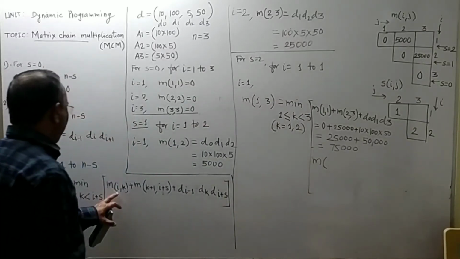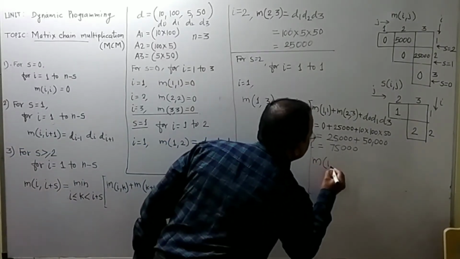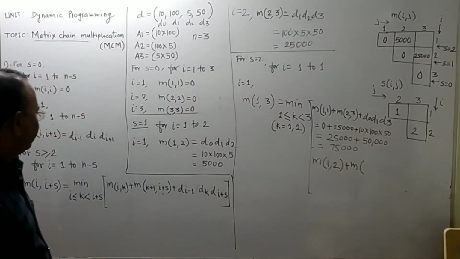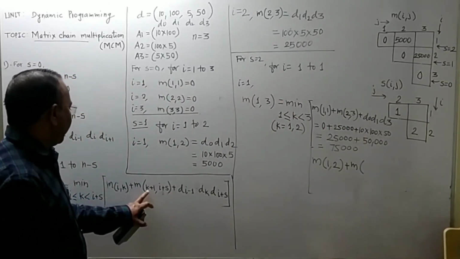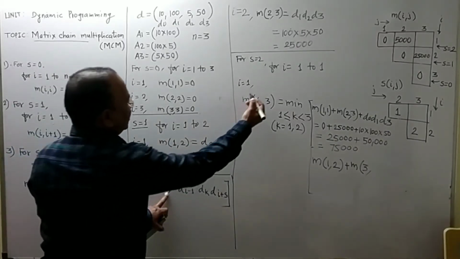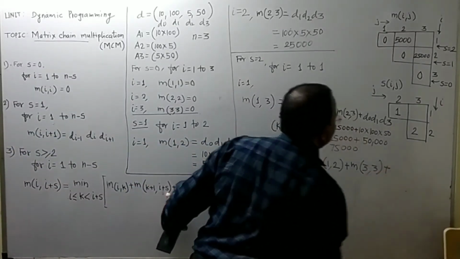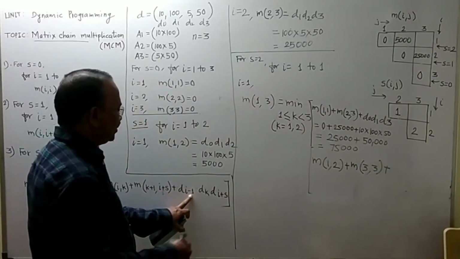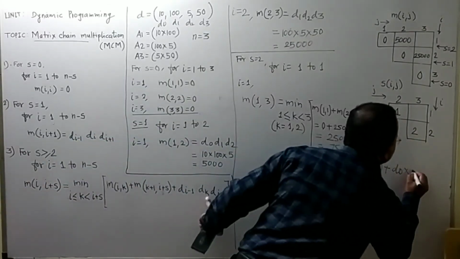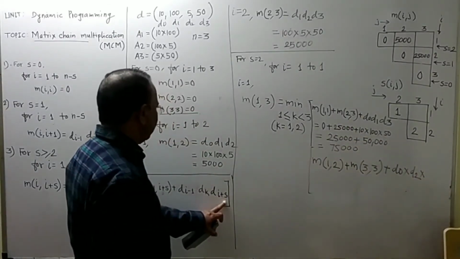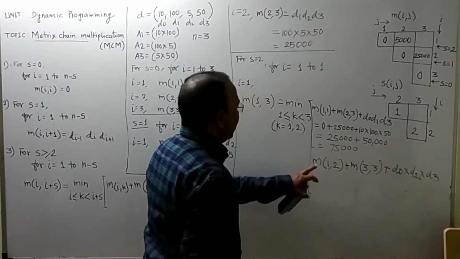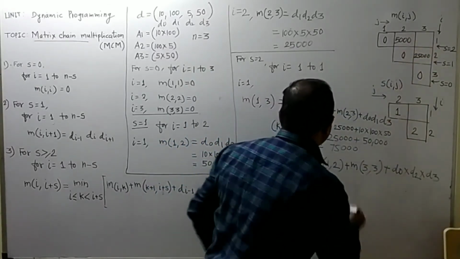M of i comma k, the value of i is 1, k is 2, plus M of k plus 1, i plus s. k is 2, so 2 plus 1 is 3, i plus s is 3, plus d of i minus 1 means d0, into dk, k is 2, into d of i plus s, so i plus s is 3 means d3. Put the values. M12 is 5000.